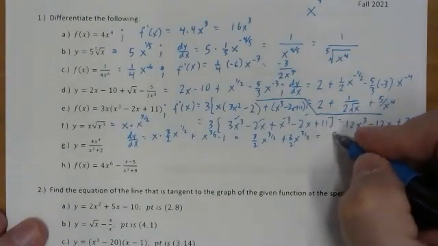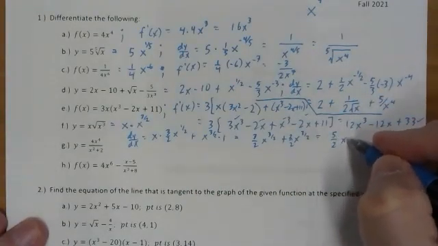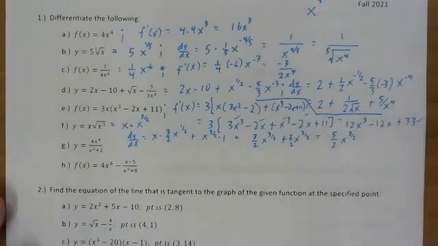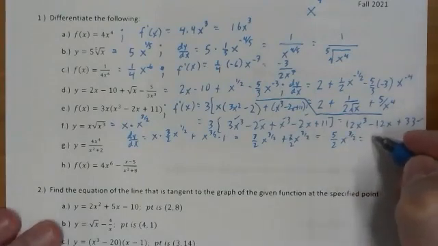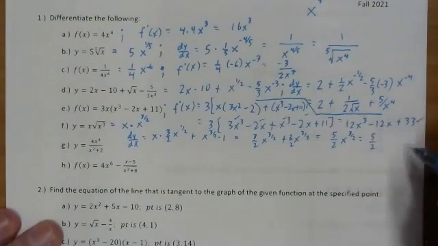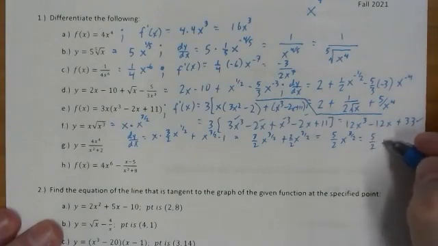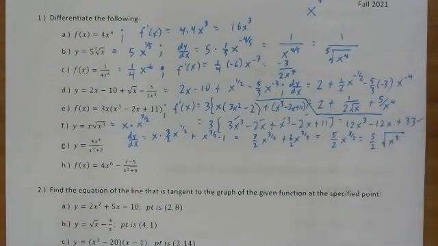So this becomes 5 halves x to the 3 halves. Or if I want to bring back the radical, it should be 5 halves square root of x to the 3rd.